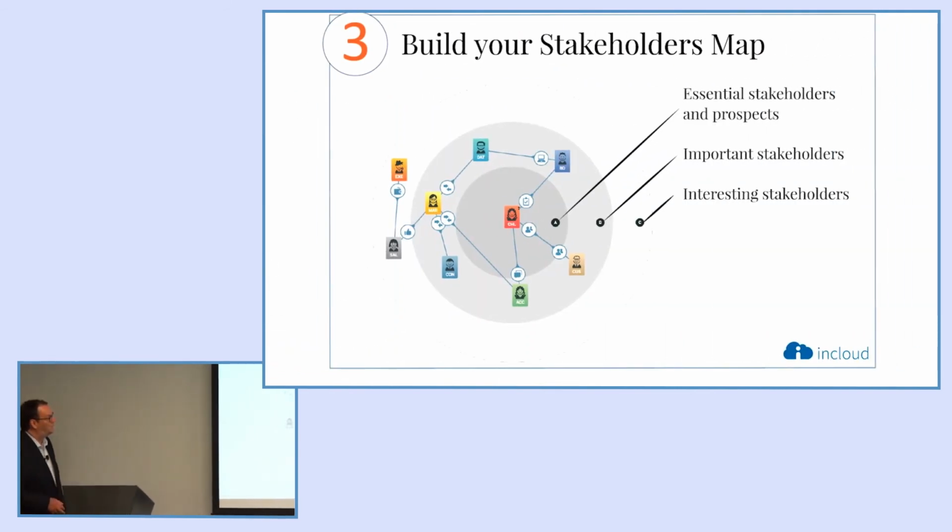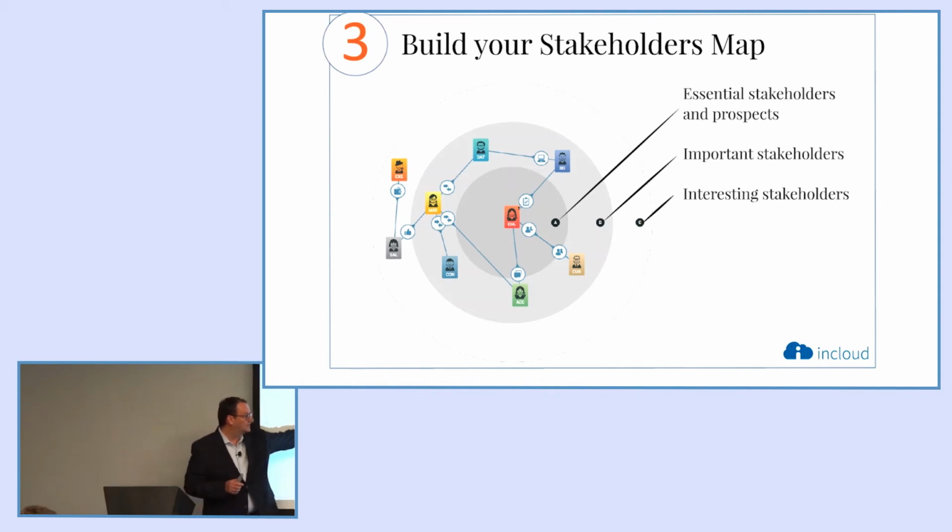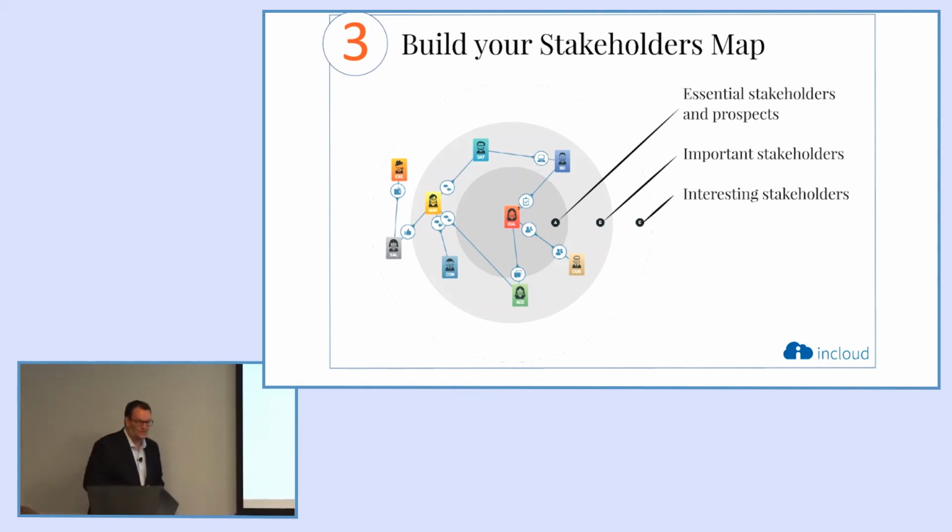So when we build out a stakeholders map to address that particular persona, Chloe is sitting at the center of this. And what we want to do is understand the relationships between our ABM team and Chloe.